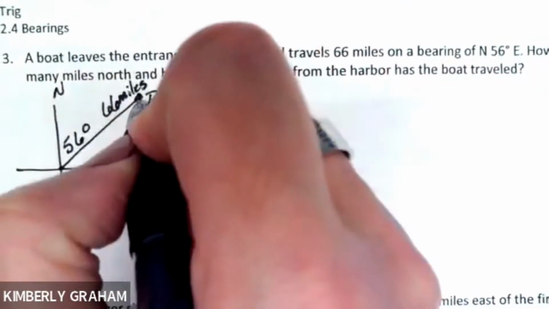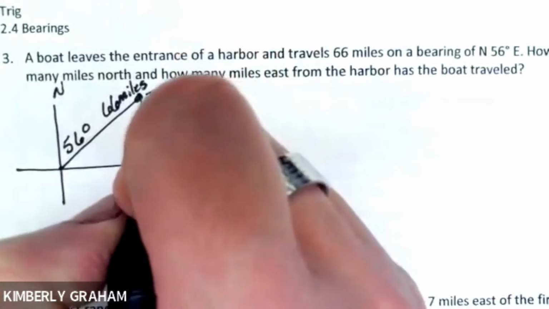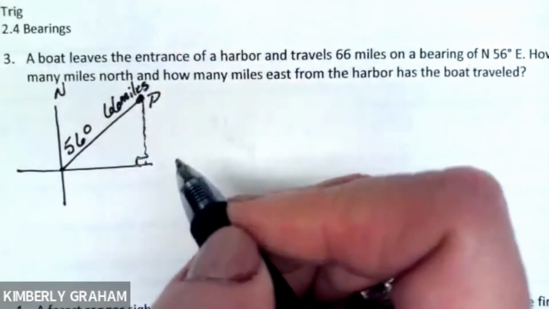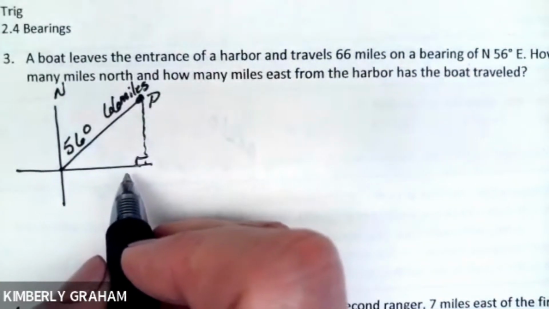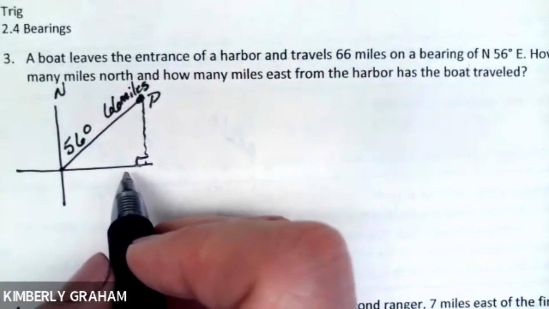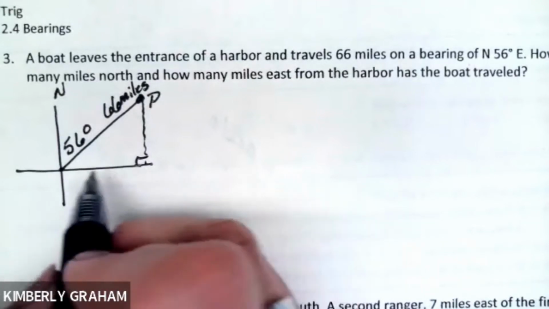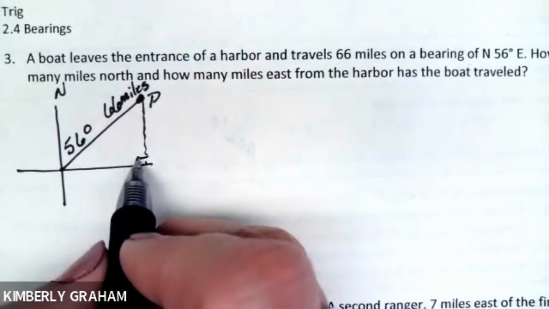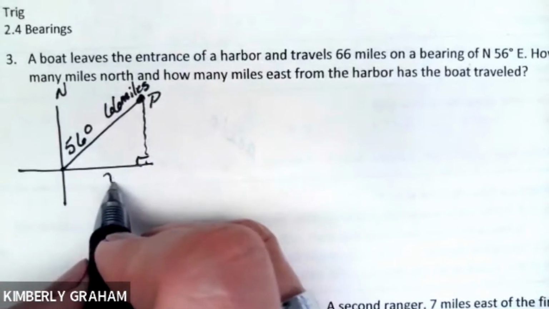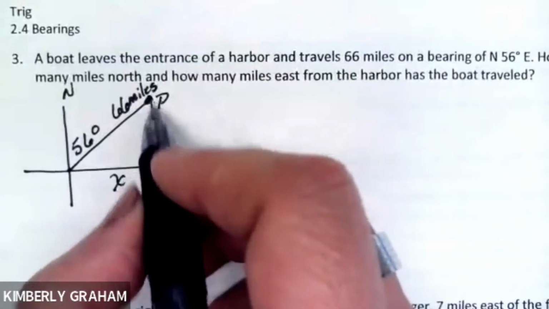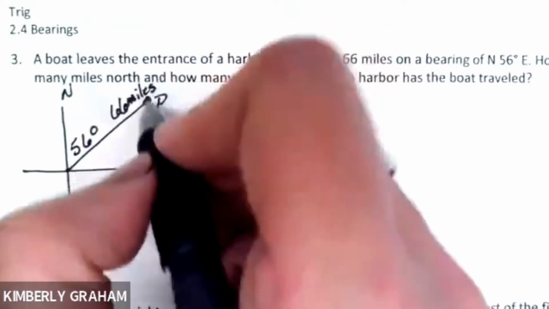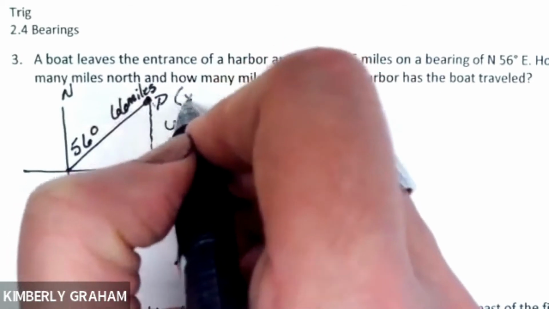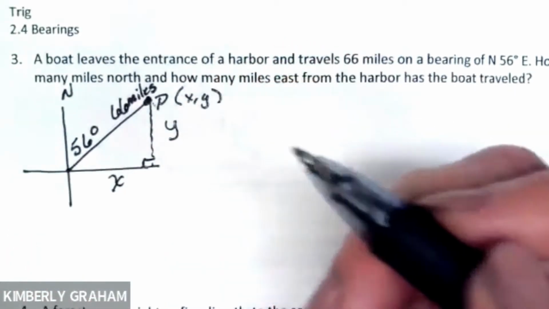So I can draw in this right triangle here. This value here, I'm going to call X. This value here, I'm going to call Y, because I know that this point P is the point XY.